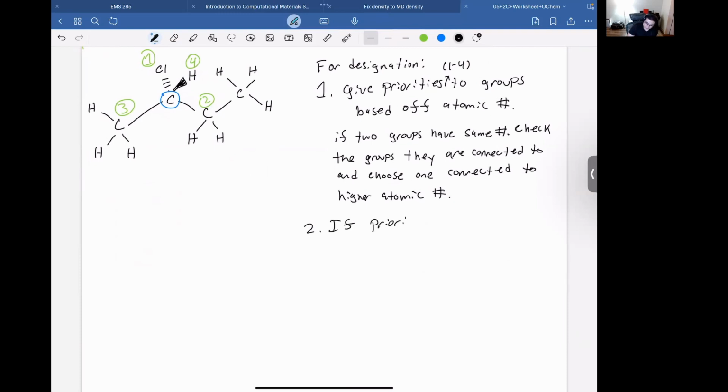Then after you figure this out, if priorities go clockwise, give the R designation for now, not completely. If counterclockwise, give the S designation.